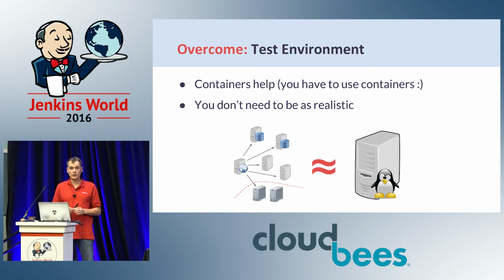In CI, you don't need that number. The more interesting question is how much different this number is from the previous 10 builds. Is it getting better over the month? Is it getting worse over a month? Is this 10 times larger than the previous build? This is more interesting information, not that I'm reproducing within CI the fully blown production application. So this is how to overcome this challenge.